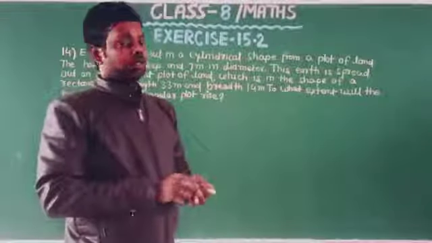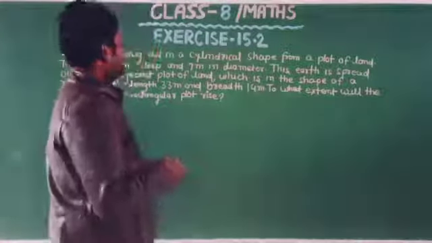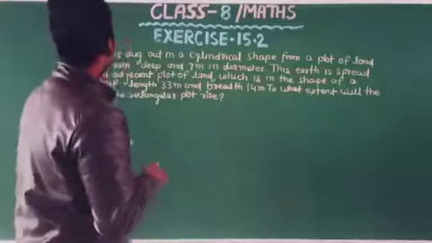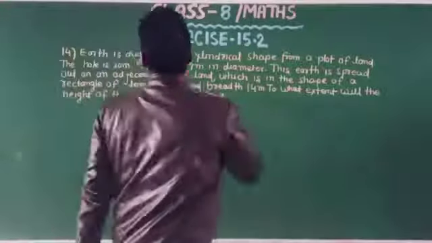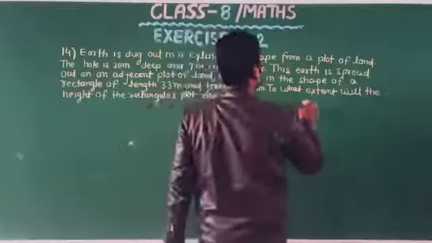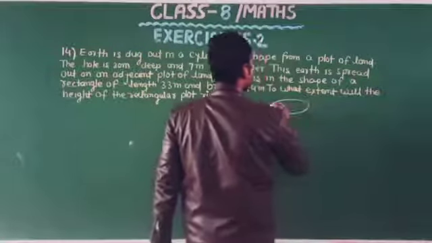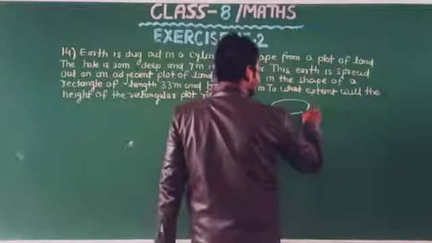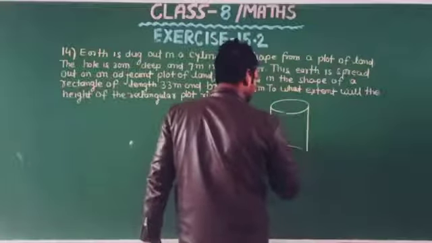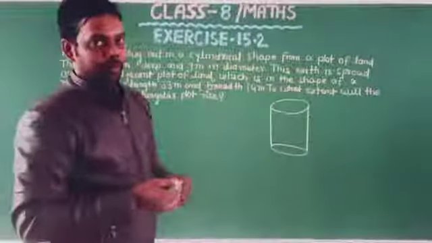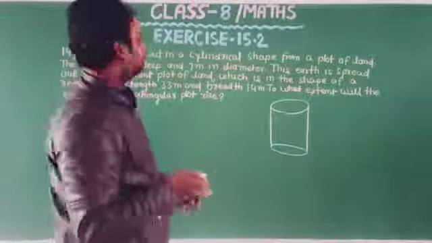So dear children, in this question it has been said the earth is dug out. Suppose this is the earth dug out in a cylindrical shape from a plot of land.